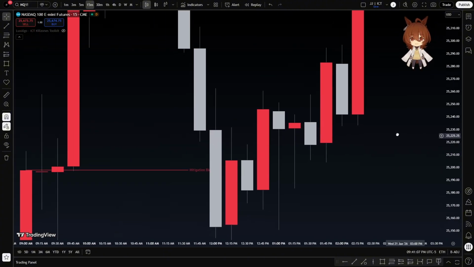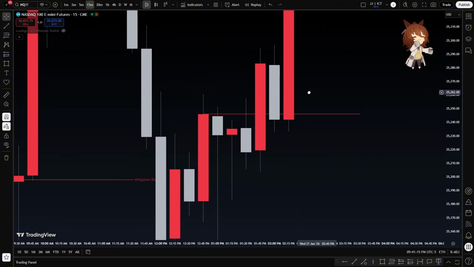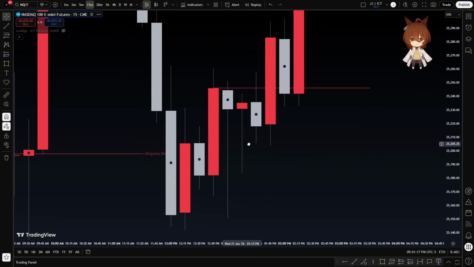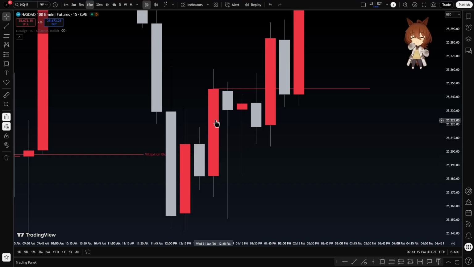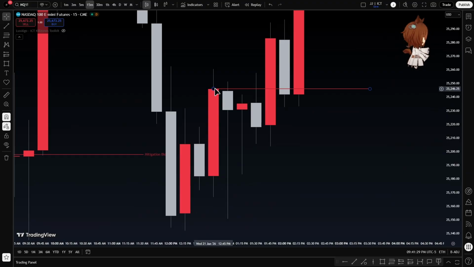There's one right there. When I say as, I mean the mitigation block is being possessed by the candle that actually creates the swing high for the mitigation block to even be created and or get activated. You see that? This is the swing high in which the what's the word?